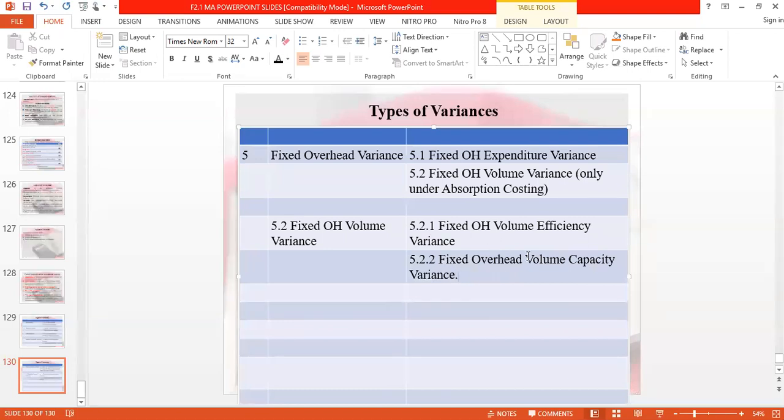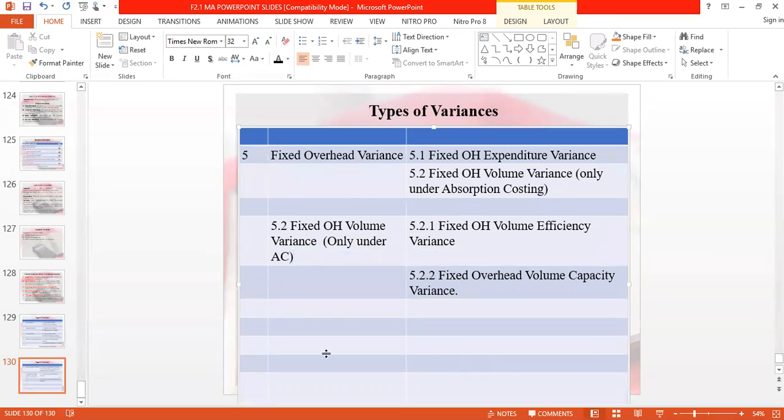Those are the variances that you need to know. Remember, fixed overhead volume is this one. So fixed overhead volume variance, we have said, is only under what? AC.